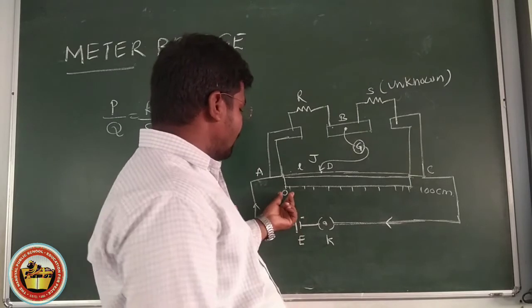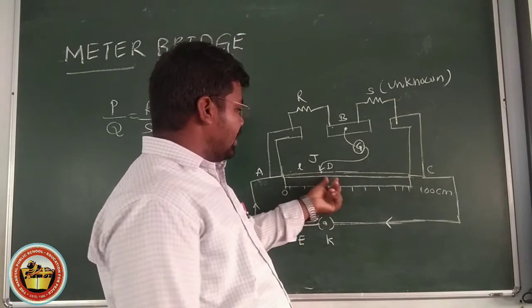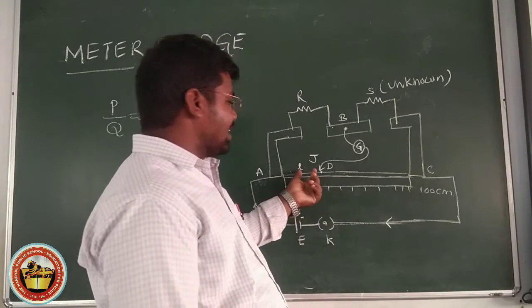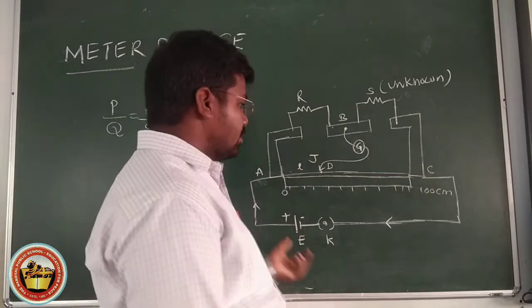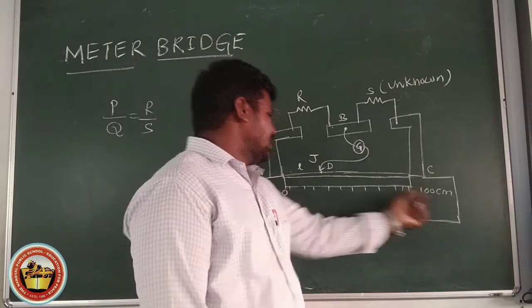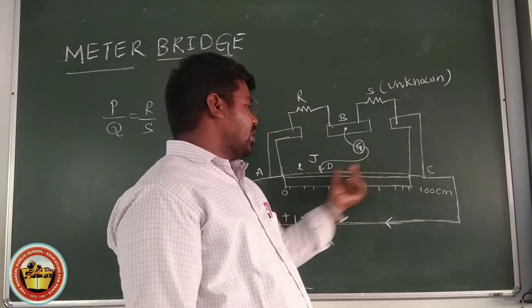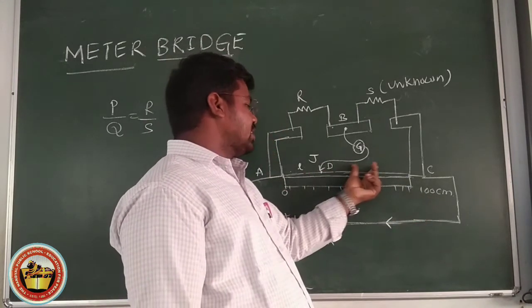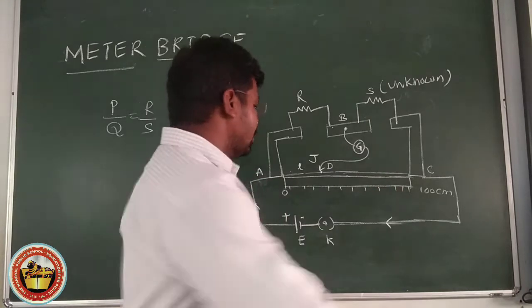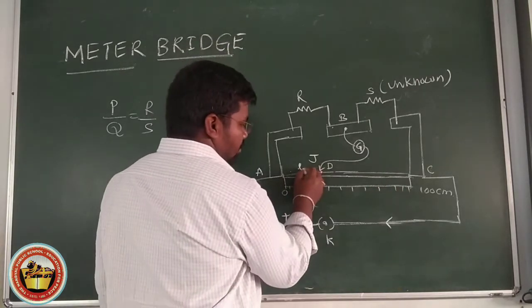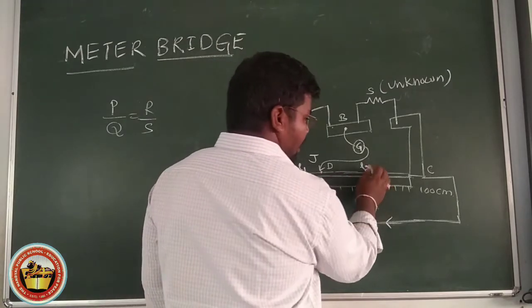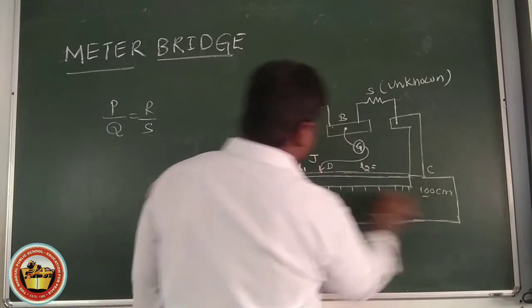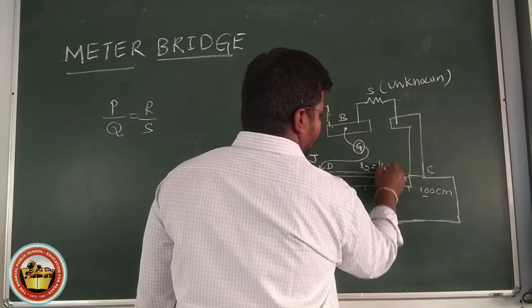From 0 to D we measure the length L. How do we calculate the remaining length? The other length is 100 minus L. So if we call the first length L1, the other is L2, and L2 is equal to 100 minus L1.